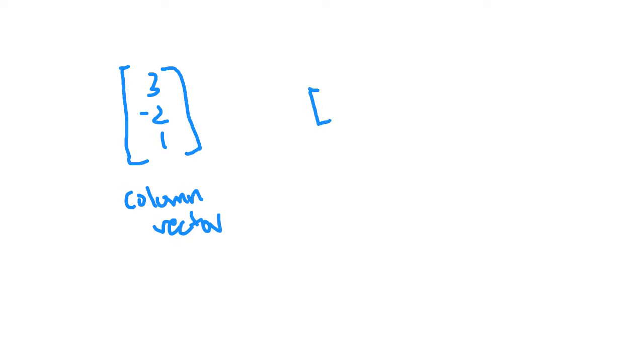If you had the numbers 3, -2, 1 written horizontally, they call that a row vector. Row means horizontal, going across. Column means vertical, going down. That's all they're talking about there.